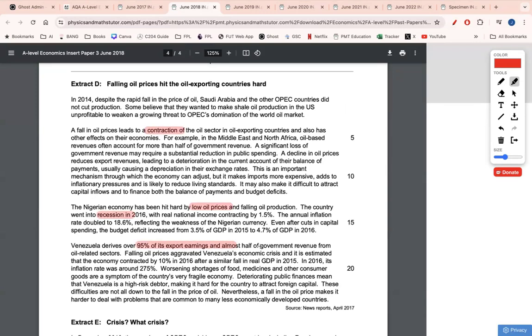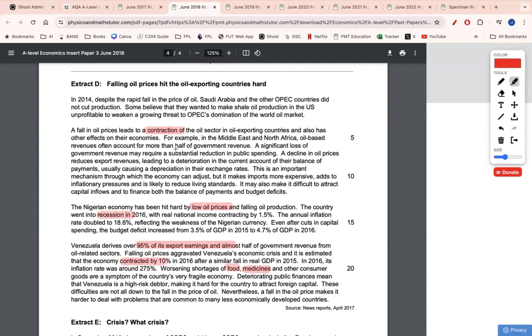Half of its government revenue comes from tax revenue from making stuff related to oil. Falling oil prices aggravated the economic crisis. The economy contracted. They don't have food, medicine. Okay. So that's the argument in favor of keeping oil prices high.